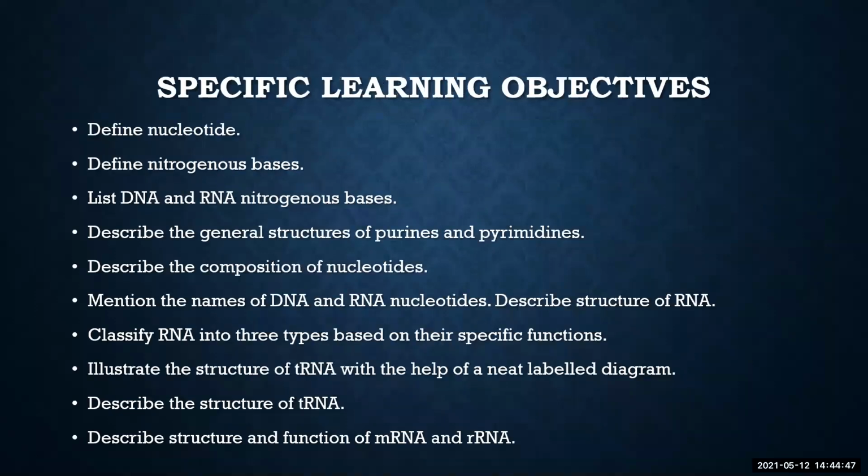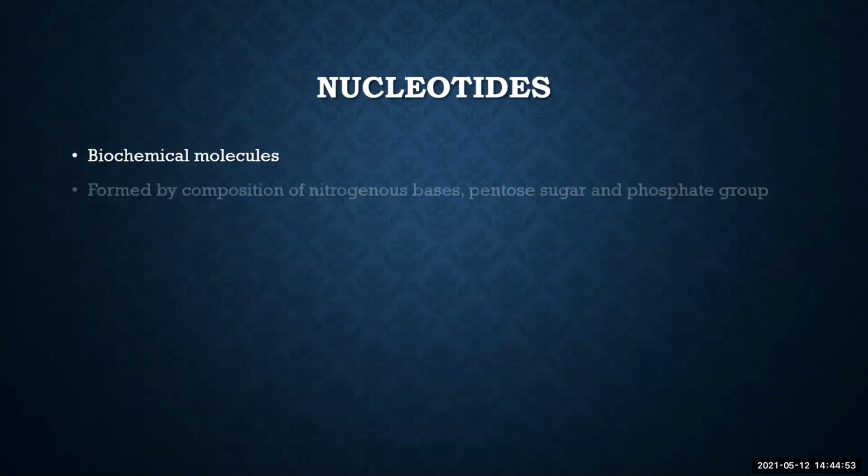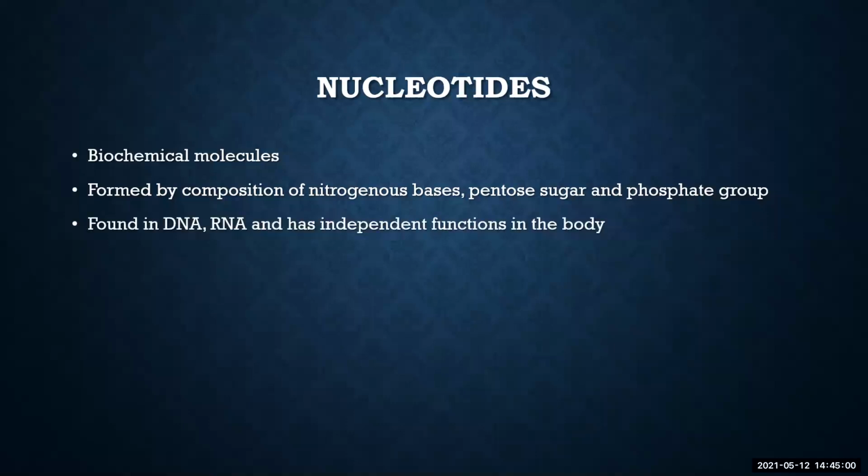We started with nucleotides. These are biochemical molecules composed of three things: a nitrogenous base, a pentose sugar, and a phosphate group. They form DNA and RNA, being the structural components of DNA and RNA. Along with that, they have independent functions.